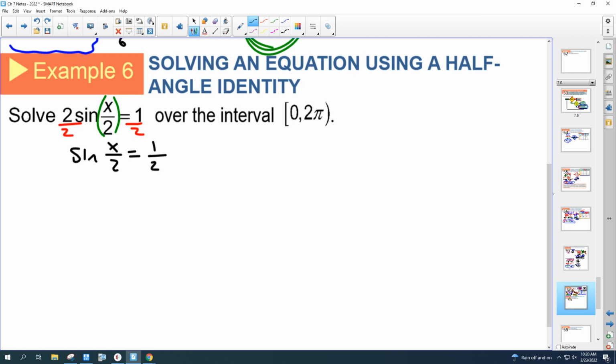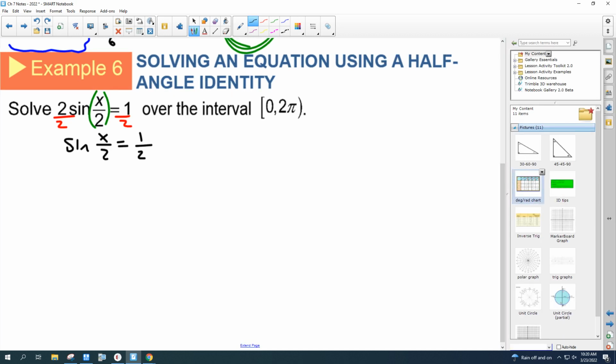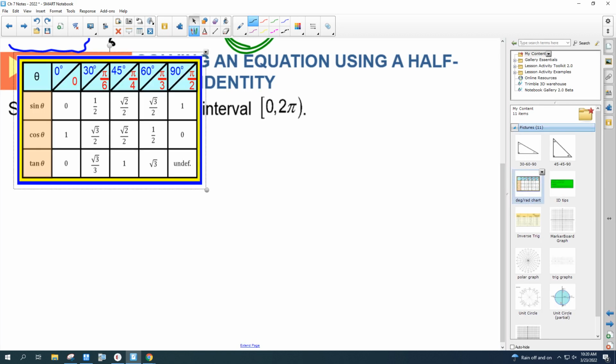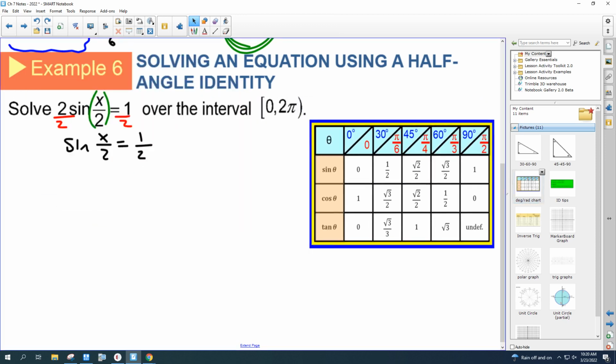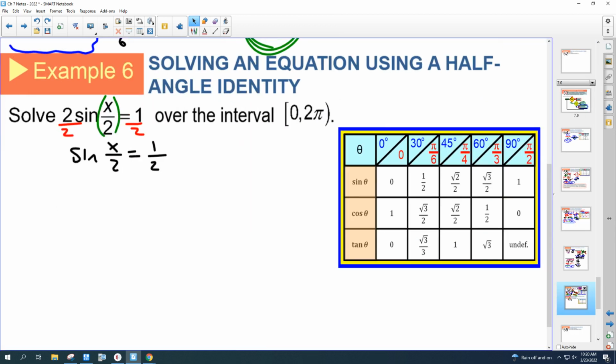That's an inverse sine if you're looking at a calculator, or if you're looking at your chart. By the way, we're in radians. If you're looking at your chart, where are we at? Right here, pi over 6.